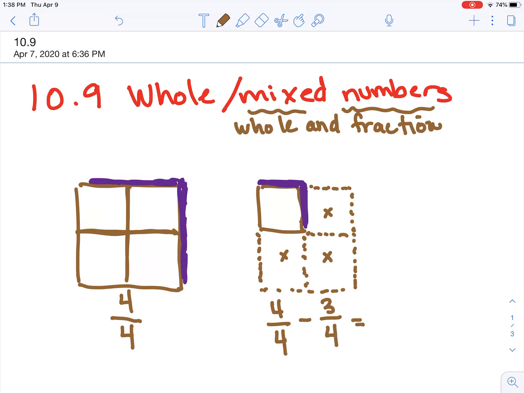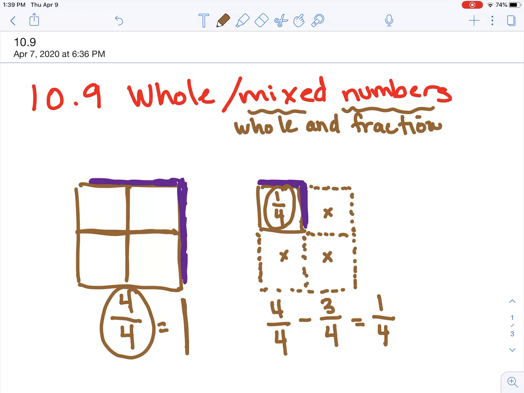Okay, he ate 3 out of the 4, leaving him with 4 minus 3 is 1, and the denominator stays the same. So this is 1/4 left over right here. And this is 4/4. 4/4 also equals 1.